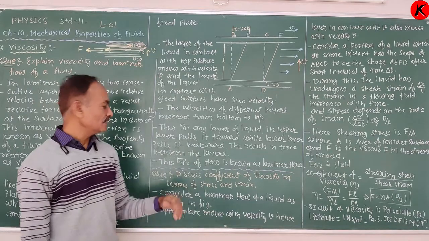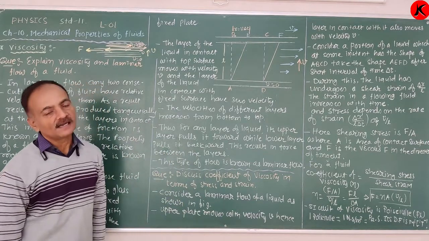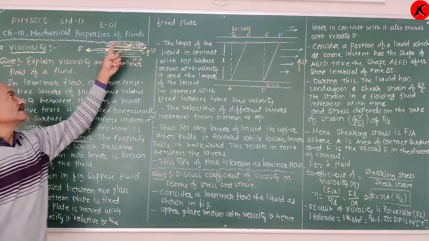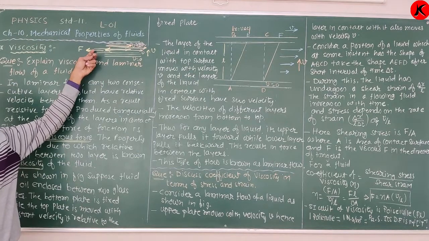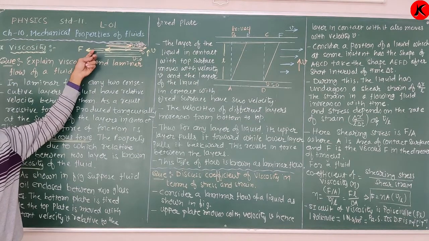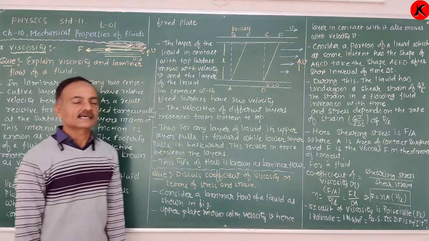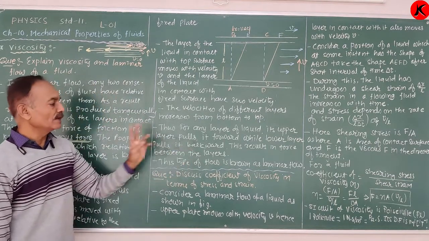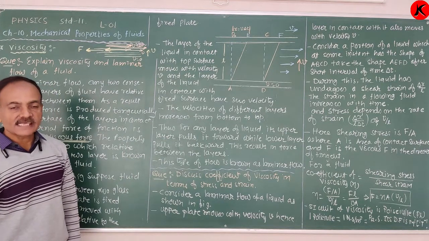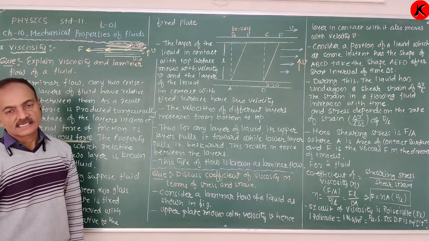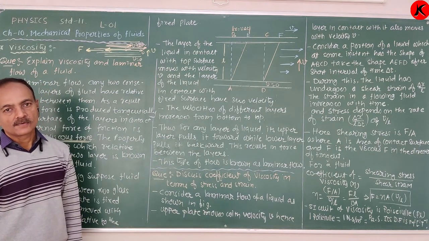And this results in force between the layers. So as a result, an adhesive force in the tangential direction arises between the two layers, and the relative motion between the two layers takes place. And this type of flow is known as the laminar flow.